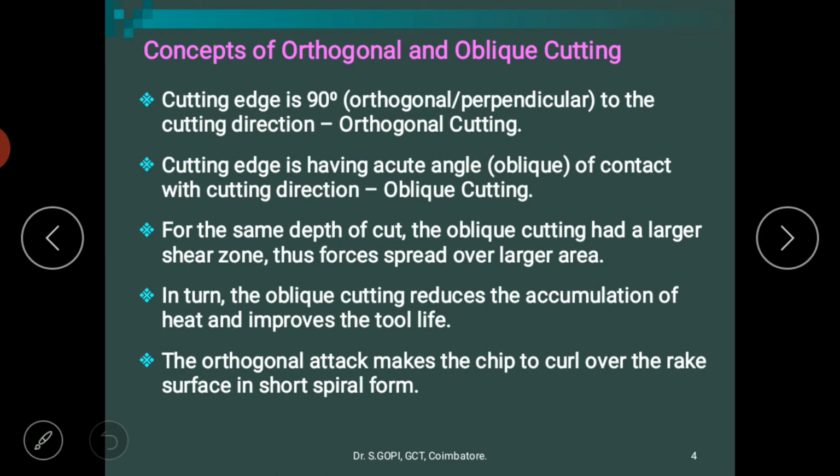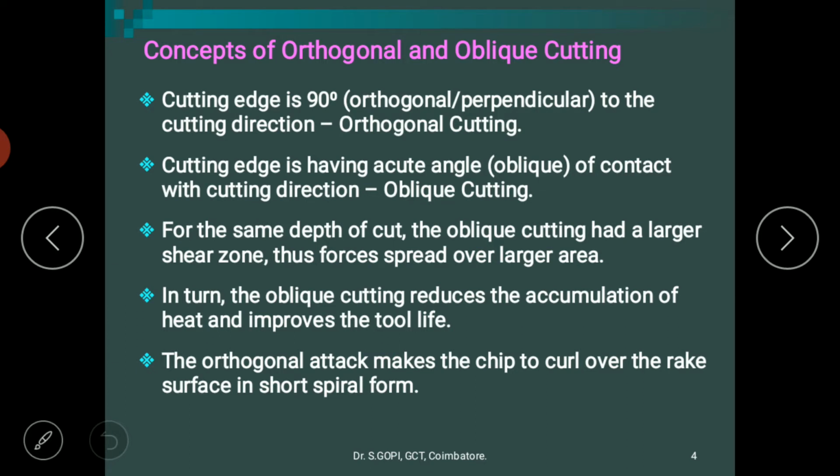This is the abstract of whatever we have discussed in the pictures, given as statements. We will see once again the concepts of orthogonal and oblique cutting. First point: when the cutting edge is 90 degrees, orthogonal or perpendicular, to the cutting direction, it is called orthogonal cutting.